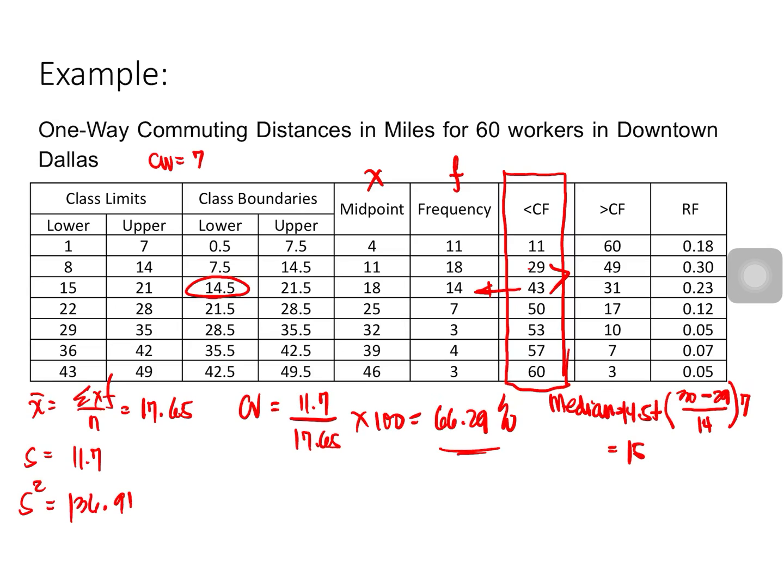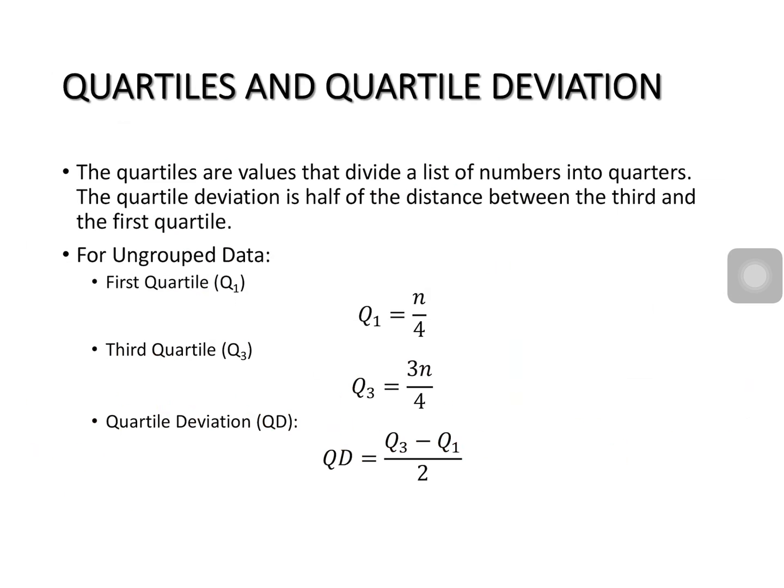Look for 30 in the less than cumulative frequency column. 30 is located between 29 and 43. So 30 minus 29 divided by the frequency at 43, which is 14, multiplied by the class width plus the lower class boundary 14.5, so we have 15.